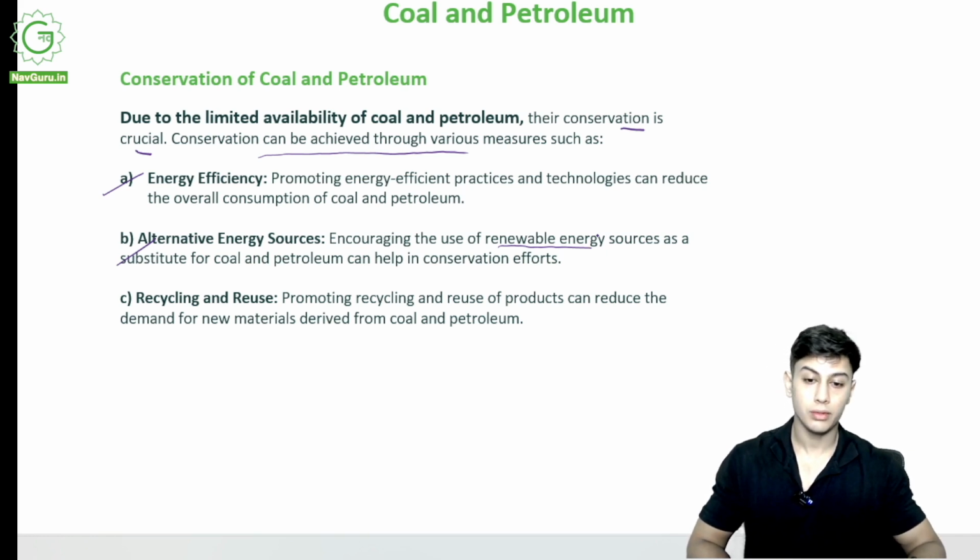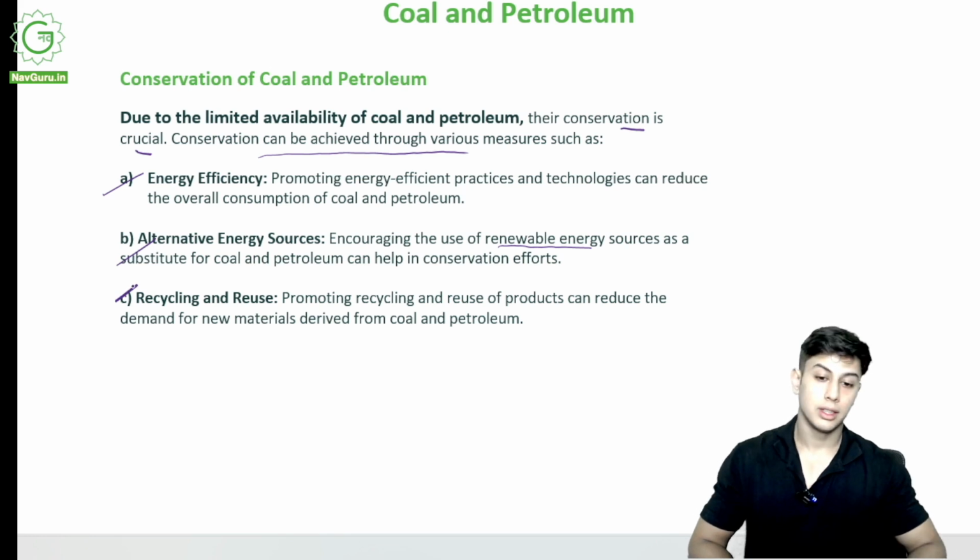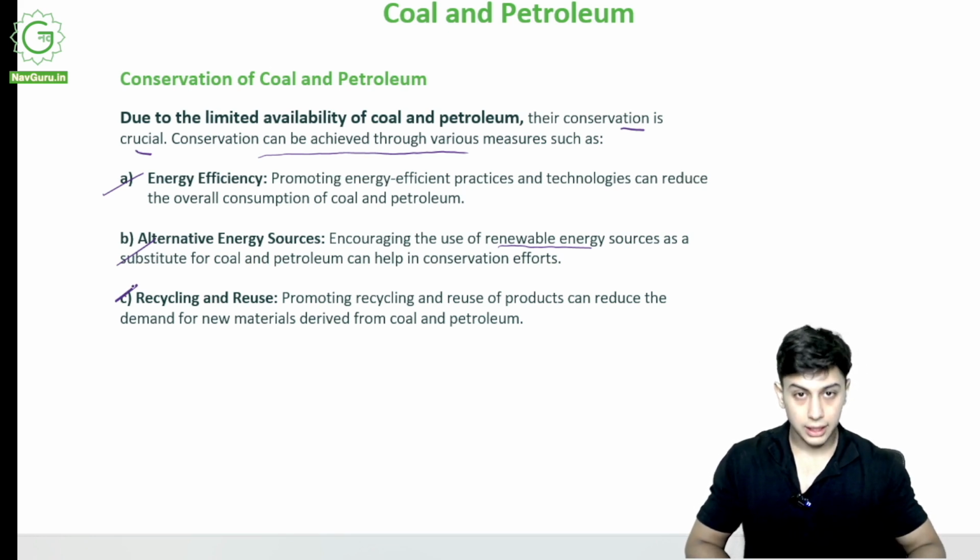Now I have recycling and reuse. Promoting recycling means using again and again. I used it, now I recycle it and I use it again. Reuse of products can reduce the demand for new materials derived from coal and petroleum. For example, we considered paraffin wax.